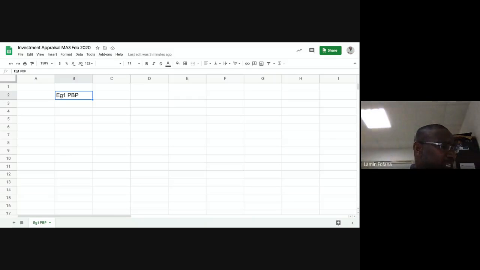So what about these profits they're talking about? Profits after depreciation from year 1 to year 5. What profits are they? Are they accountant's profit or are they cash flows?